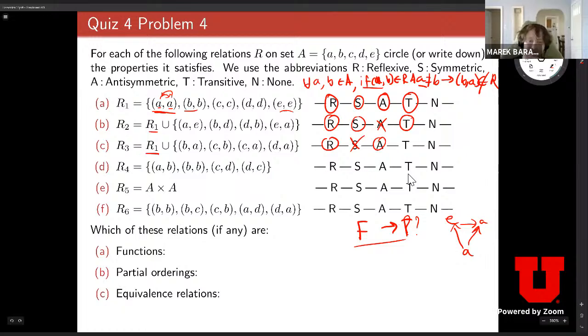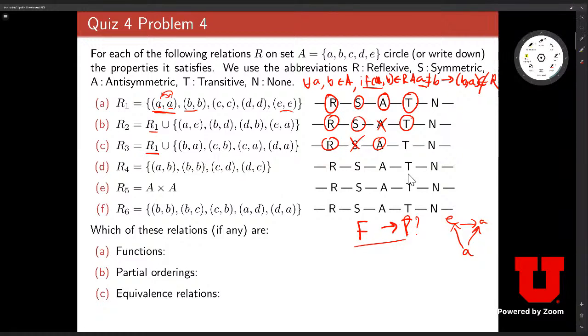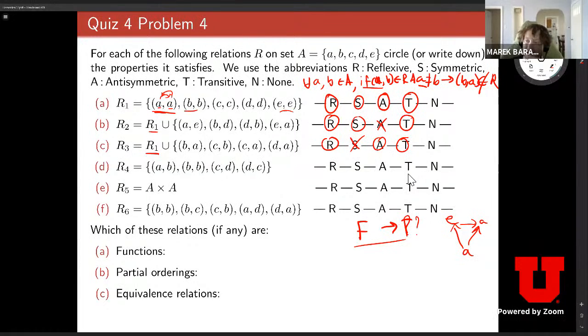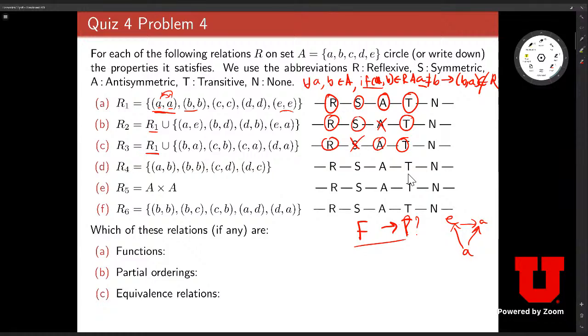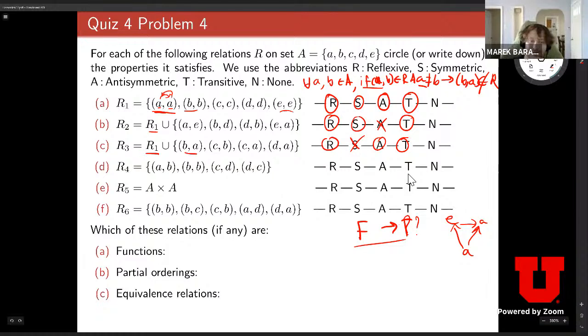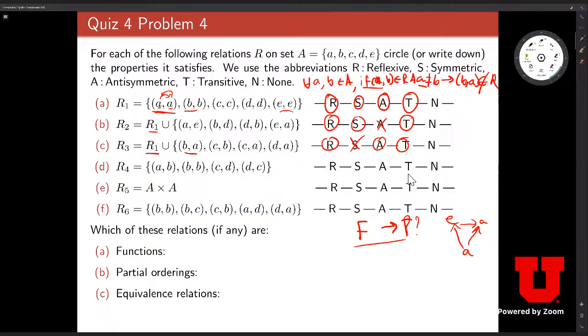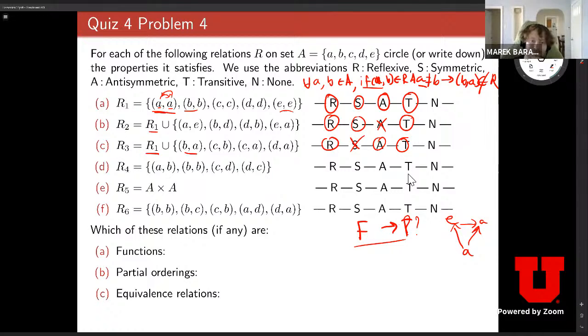And is it transitive? Yes. Any questions on that? So this one isn't symmetric because there are some things that contradict symmetry, but there aren't any things that contradict anti-symmetry. Yes. So BA, but we don't have AB, so that's why it's not symmetric.